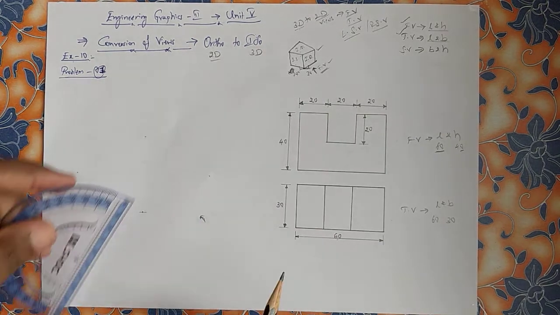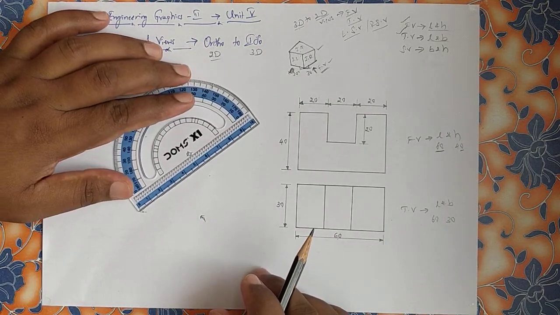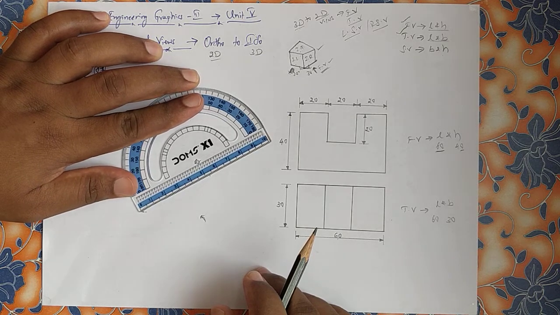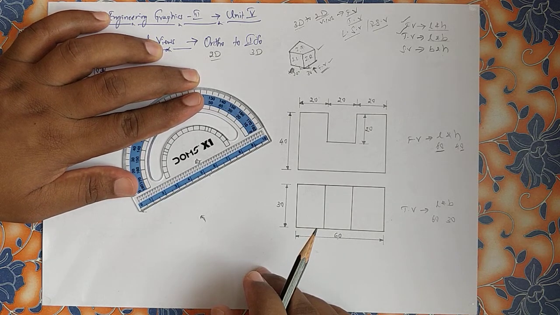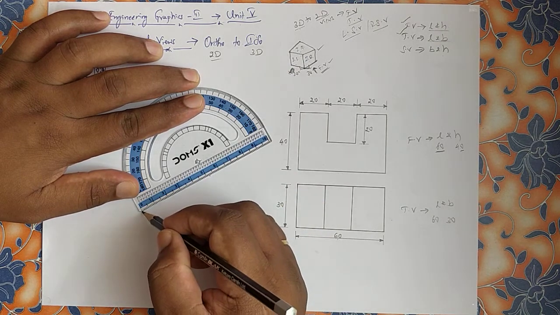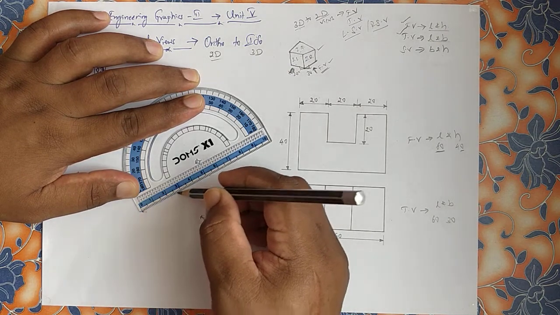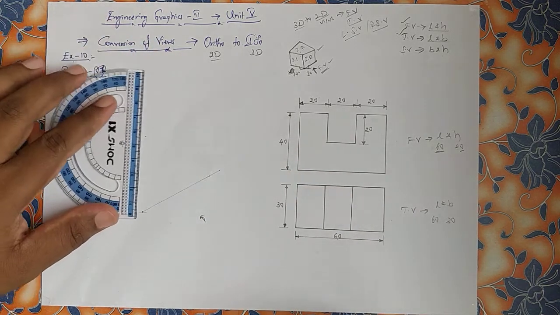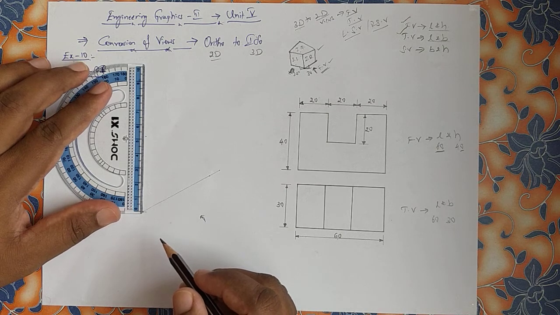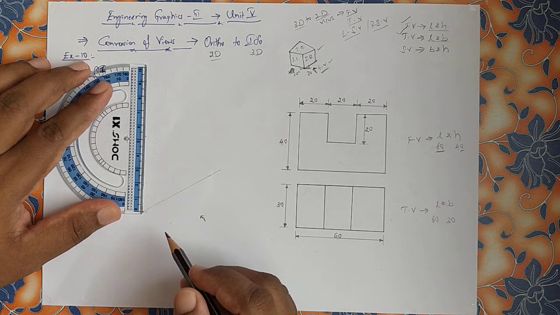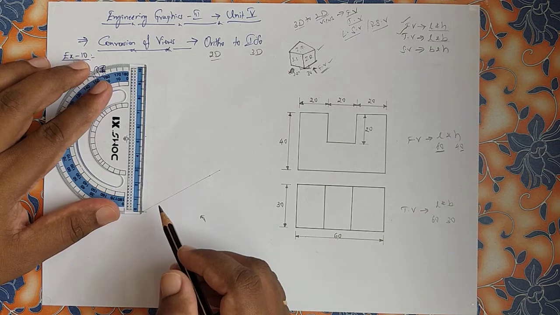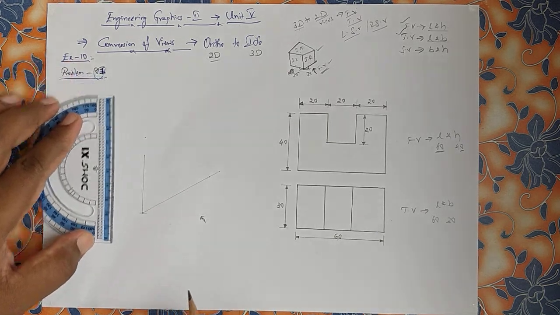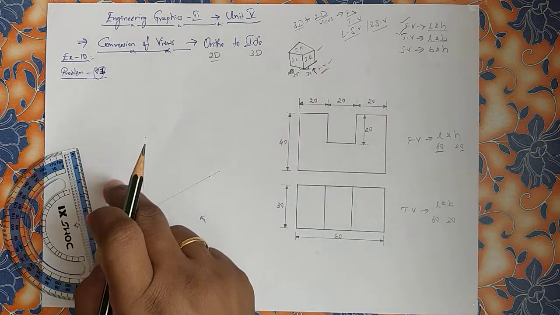Now I am constructing a box here. With respect to 0, here, ISO right of the box. Try to draw the light lines. 60 length, height 40. Next, ISO left.